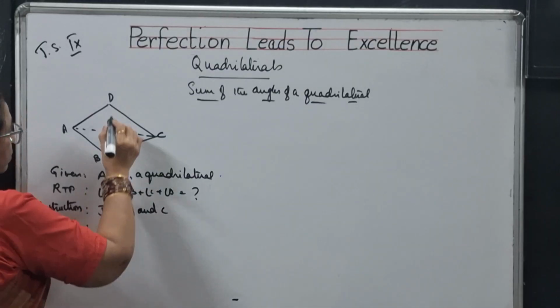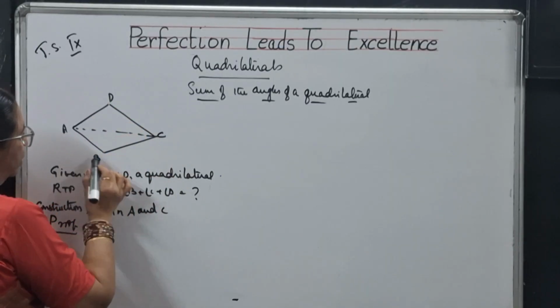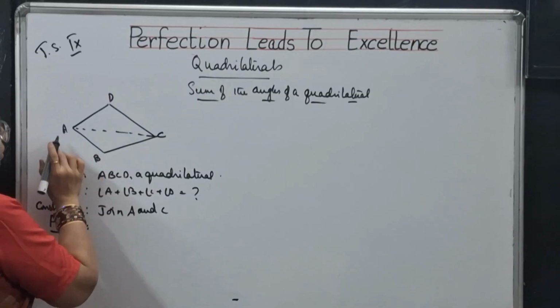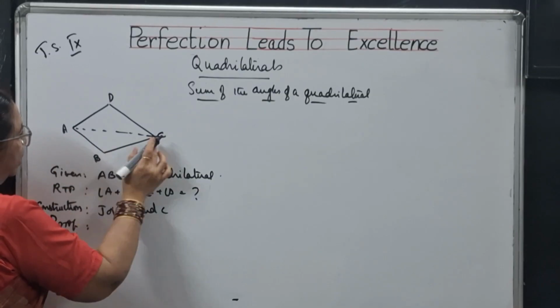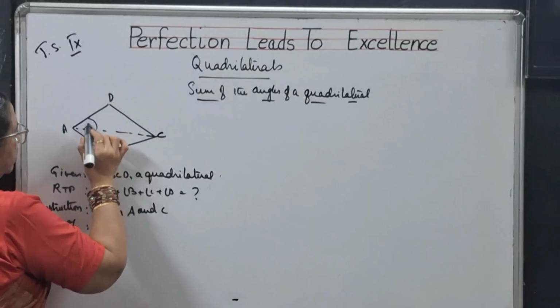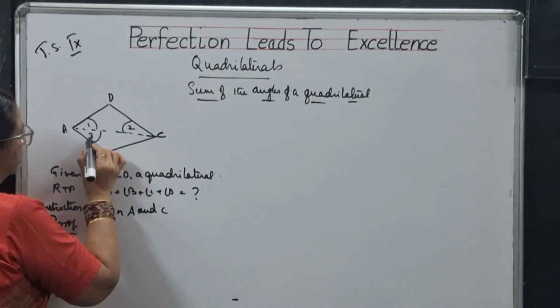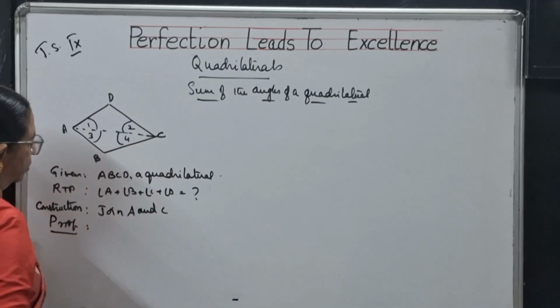You are getting two triangles, triangle ADC and triangle ABC. But when you are talking about this angle at A and at C, this is common, so we may get confused. So let me name this angle as 1, this angle as 2, this angle as 3 and this angle as 4.